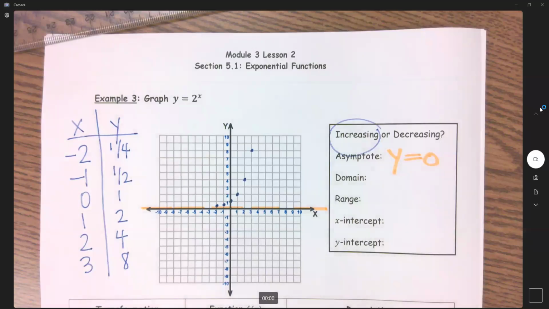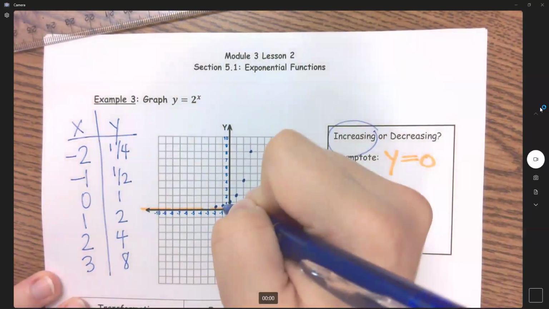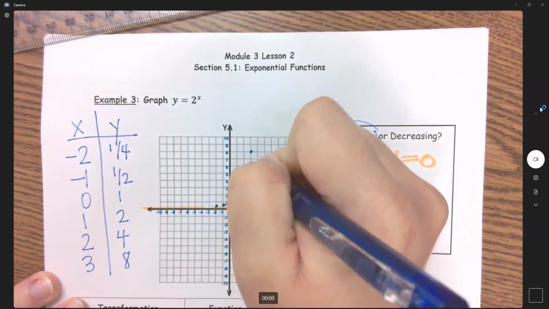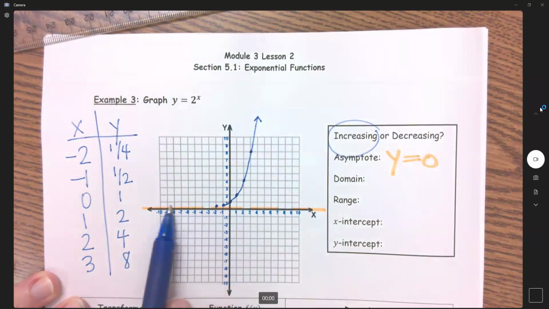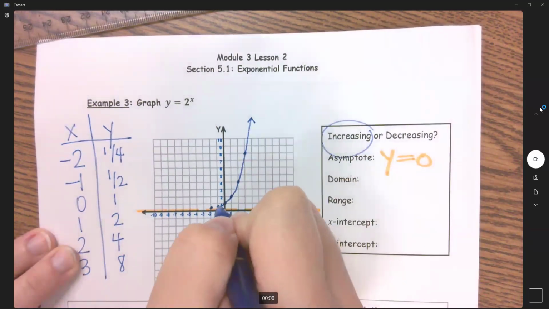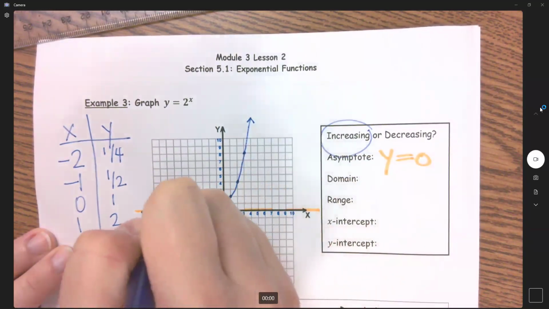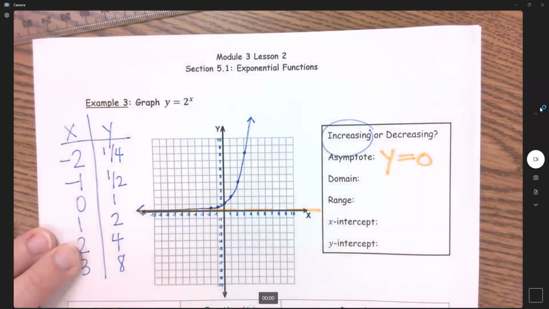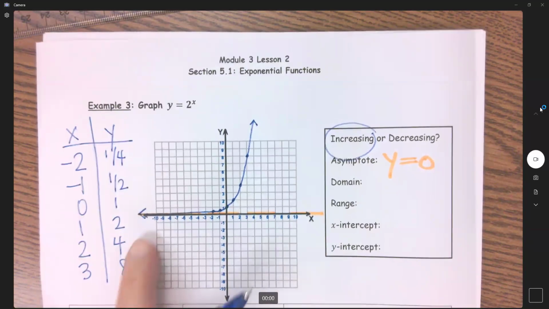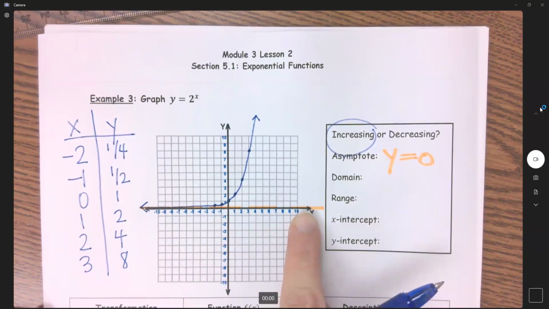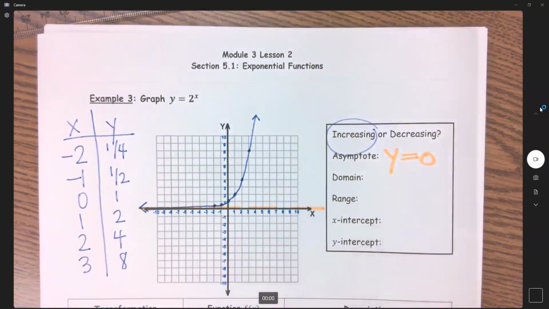It's hard to do with that ruler though. But what I want to do when I connect these points is the big thing. I want to make sure I don't cross that x-axis. Okay, so it's getting closer and closer to 0, but never touching it because of that horizontal asymptote.